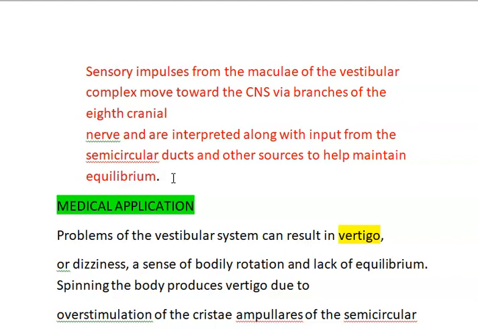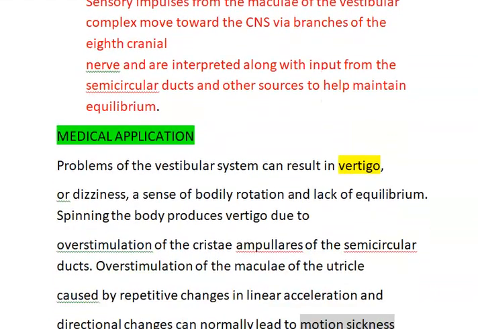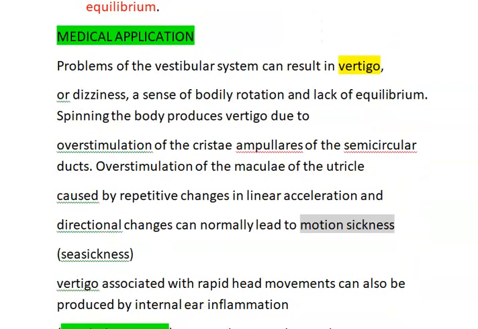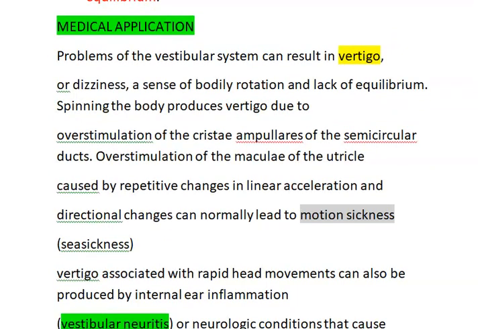Now let's look at some medical applications of this. There are problems of the vestibular system that come about with our patients. The vestibular system can result in vertigo. What do we mean by vertigo, friends?